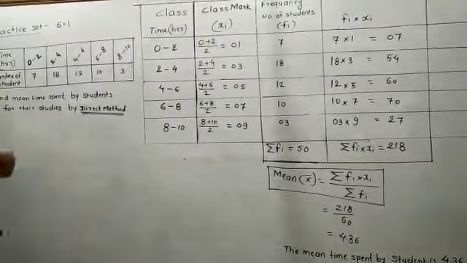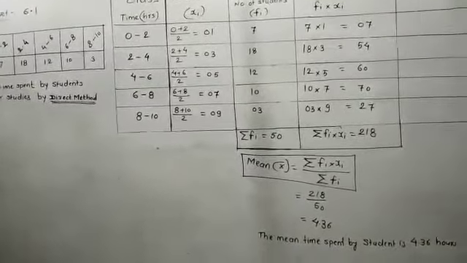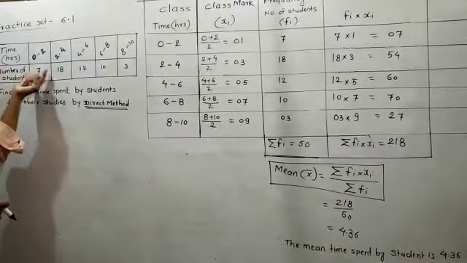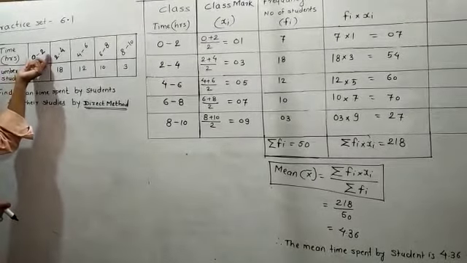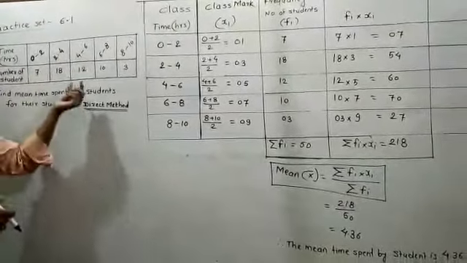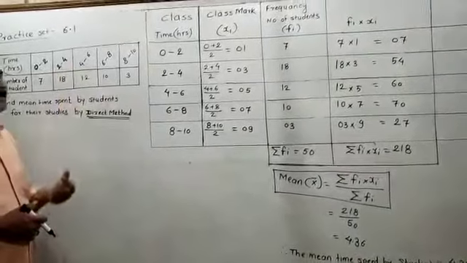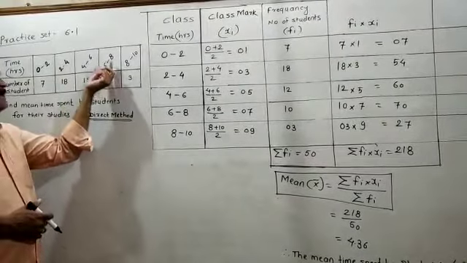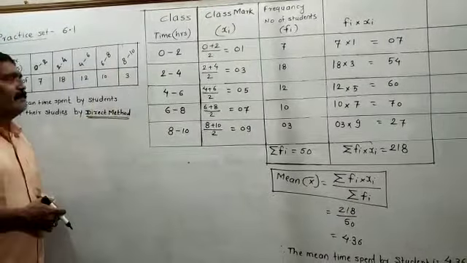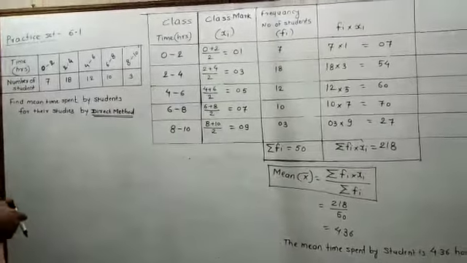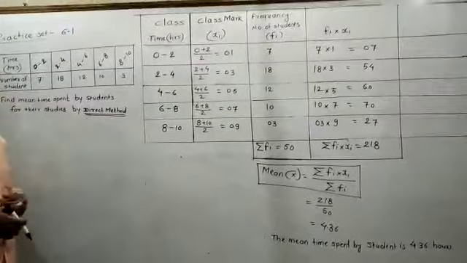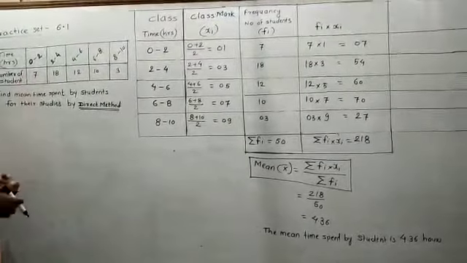Here the data is given, the number of students and time in hours. 7 students spent 0 to 2 hours for studies, 18 students spent 2 to 4 hours, 12 students spent 4 to 6 hours, 10 students spent 6 to 8 hours, and 3 students spent 8 to 10 hours. You have to find the mean time spent by the students by the direct method.